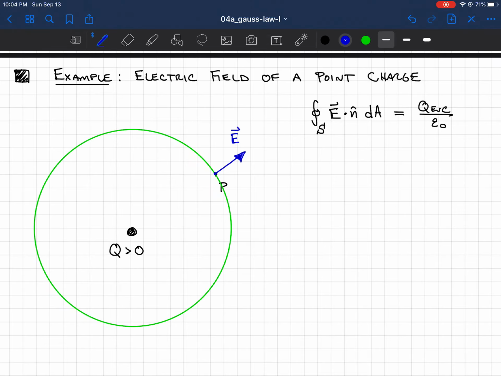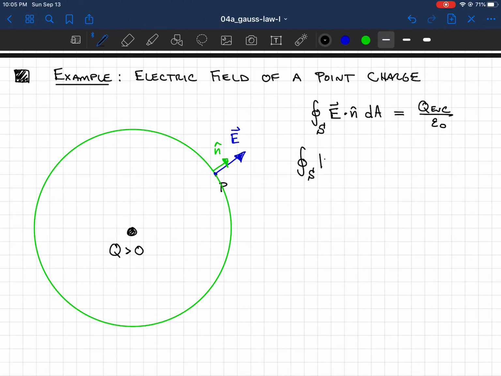So I can draw the electric field vector on the surface looking like that. Now at that same point, I need to draw the normal vector. And the normal vector is going to look like something perpendicular to the surface at that point. And because the electric field is pointing away from the center and the normal vector is pointing away from the surface, you can see exactly what the dot product of that is going to be, and we can write it out.